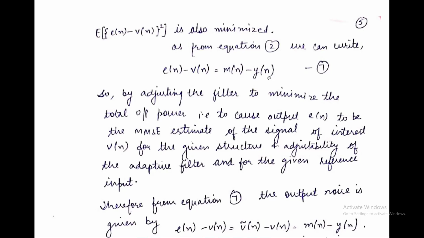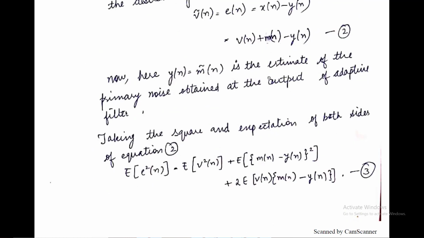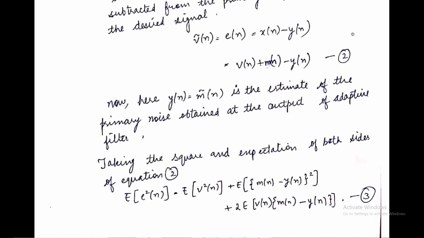If you want, we'll just go through equation number 2 again. You can see En is nothing but Xn minus Yn. So Xn is what? Vn plus Mn. So if I take Vn to that side, you can say En minus Vn is nothing but Mn minus Yn.